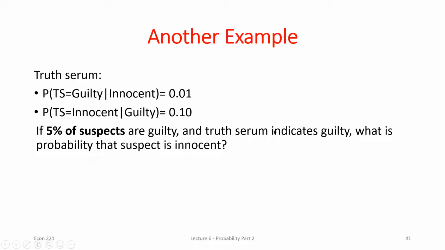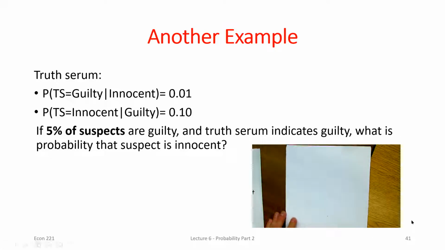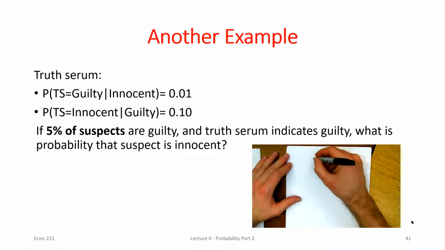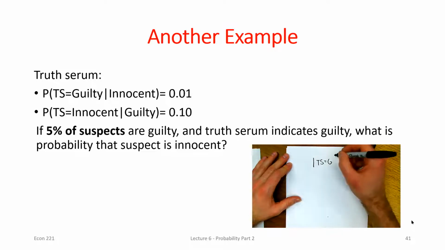So now if the truth serum indicates guilty, what's the probability that the person is actually innocent? So what we're looking for here, right? Let's identify first what we're looking for. So it's given that the truth serum indicates that they're guilty.